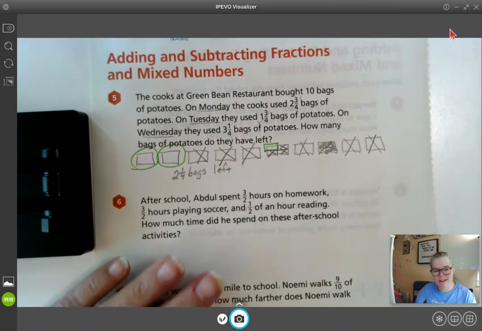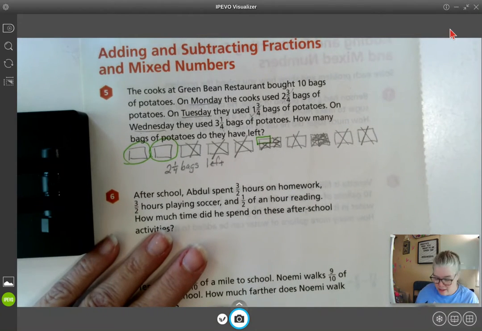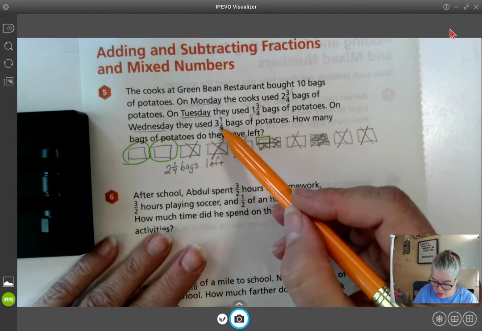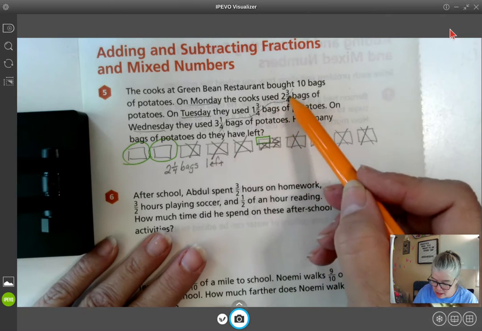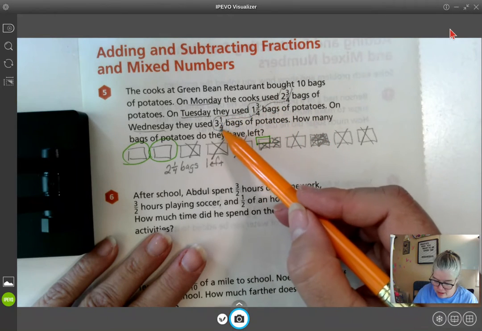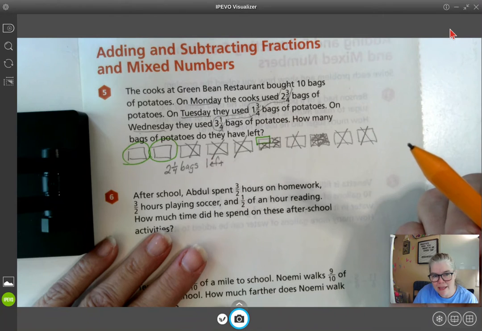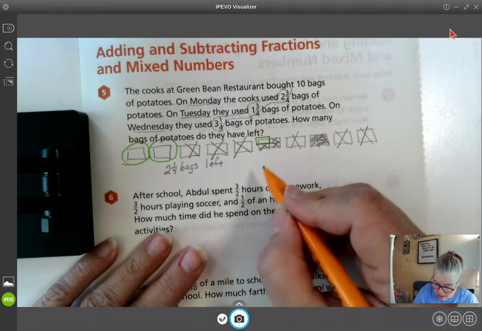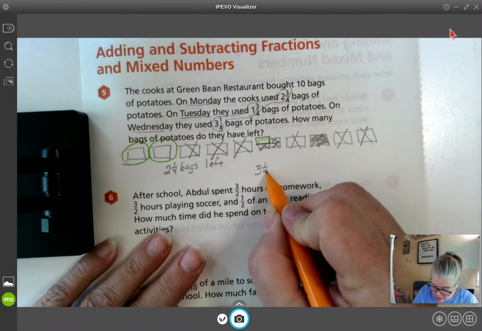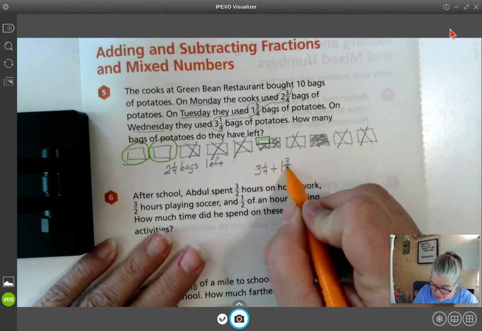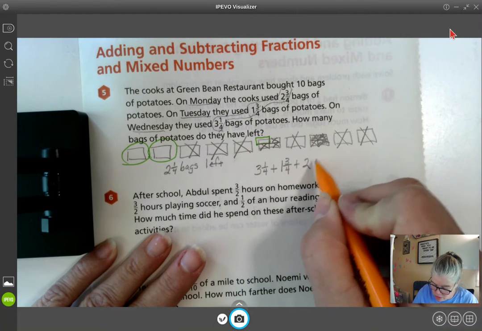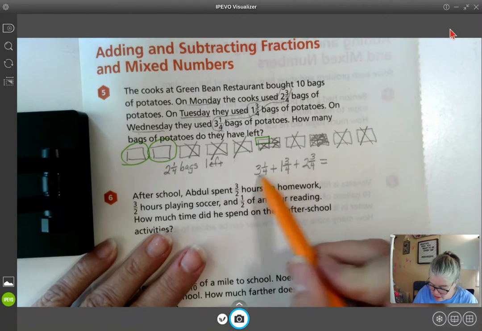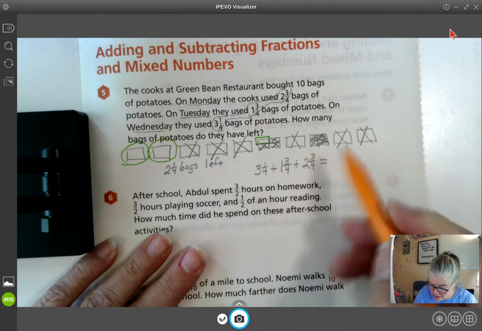Well, is there another way that I could have solved this? I could have put together all of the potatoes that I used up, combine them, which means adding, and then take the whole thing from 10. Maybe I'll try to do that as my other way. So if I have 3 1/4 plus 1 3/4 plus 2 3/4, I can put those all together and say I've got 3 plus 1 is 4 plus 2 more is 6.